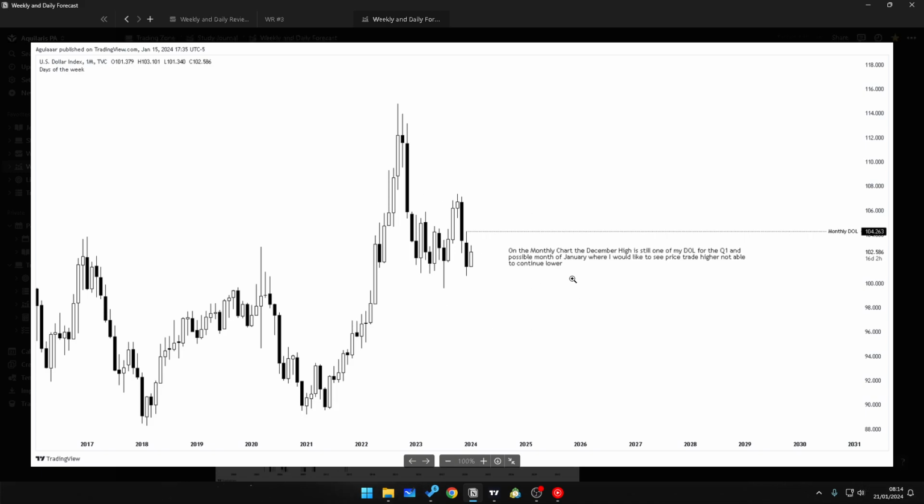On the monthly short-term setup, I'll look at this December high as a potential drawn liquidity for this January. Or if January doesn't reach into the drawn liquidity, I'll be expecting it in this first quarter of the year 2024.